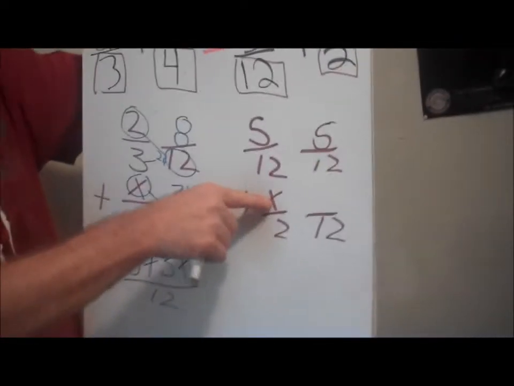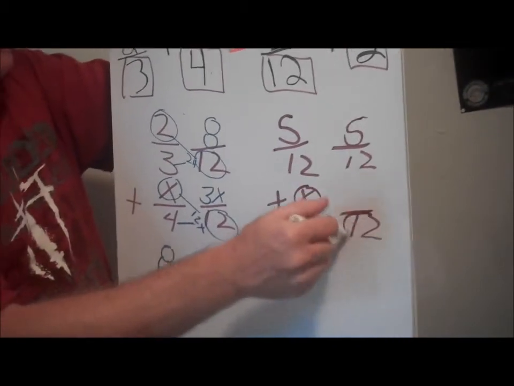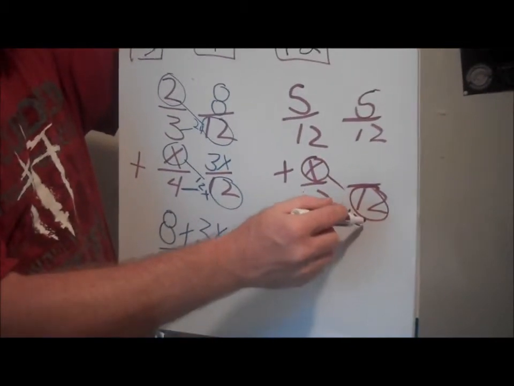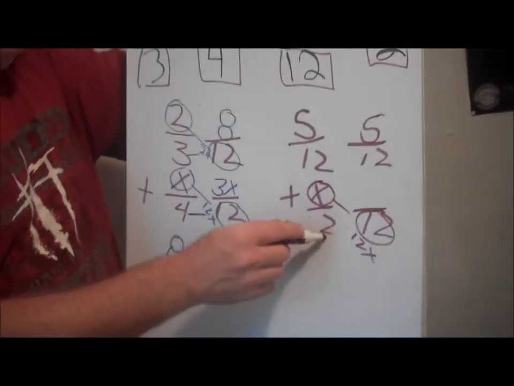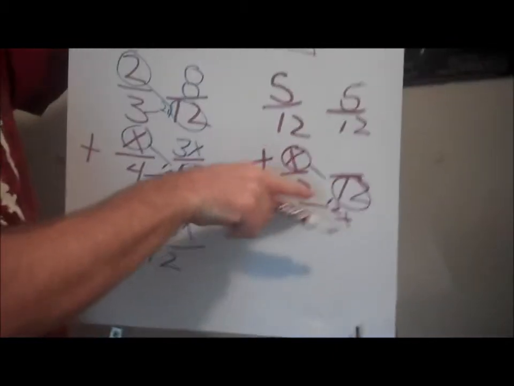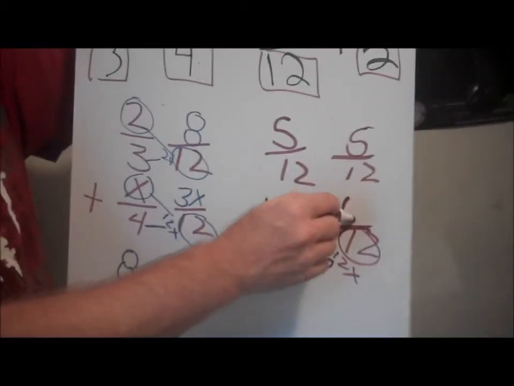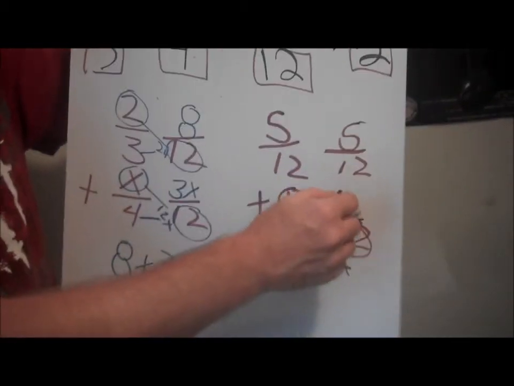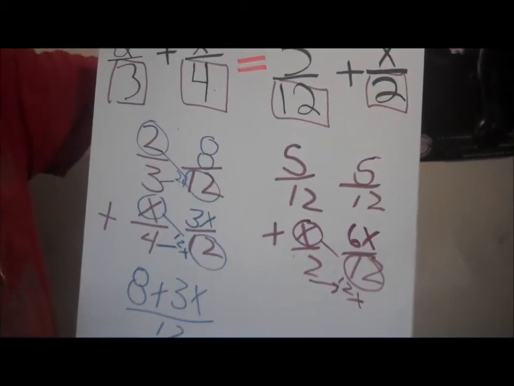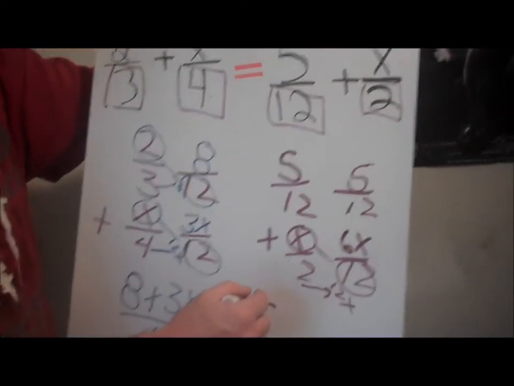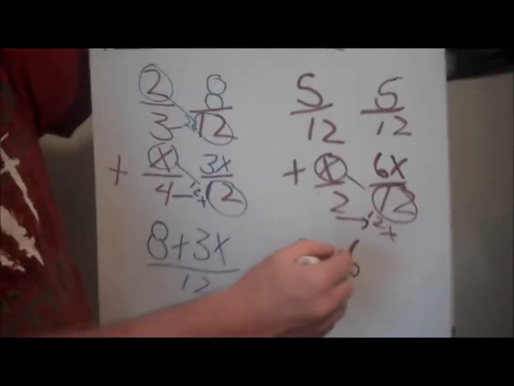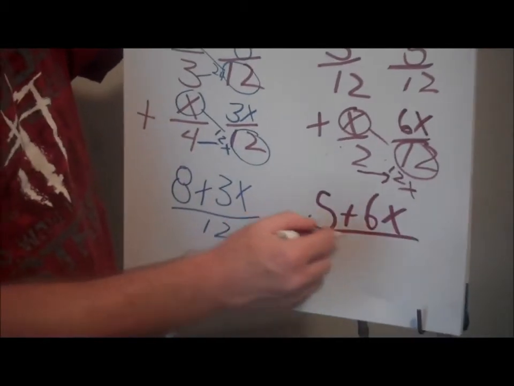Then we can take x times 12 and get 12x. Finally, 2 into 12x. 2 into 12 goes 6, and then we go ahead and add the x. So now we have 5 plus 6x over 12.